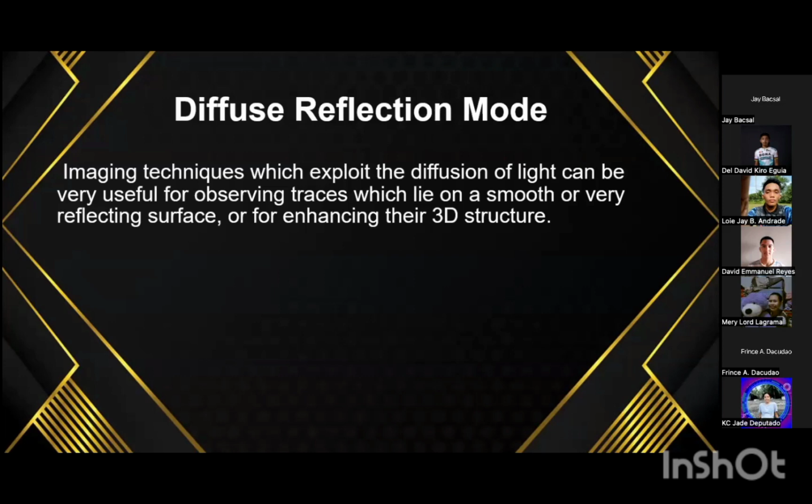Illumination is oriented at an angle such that specular reflection does not reach the camera, whereas diffuse light, which is directed in all directions of space, can be acquired by the detector. This way, the trace appears as a light feature on a dark surface.